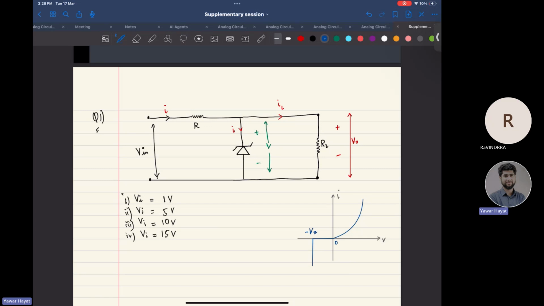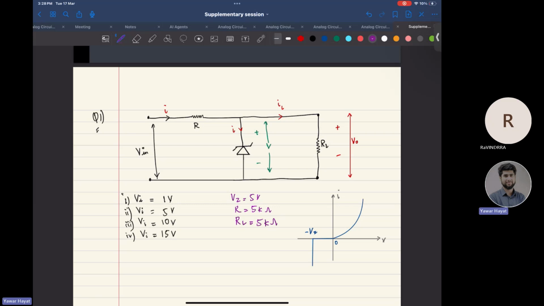Okay. What you will assume is that your VZ is 5 volt. You'll assume R is 5 kilo ohm, right? This R and RL. Suppose RL is also 5 kilo ohm.